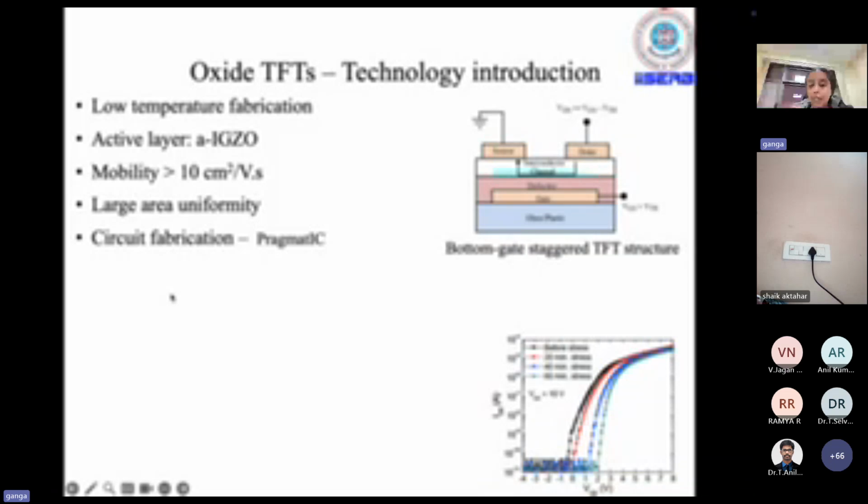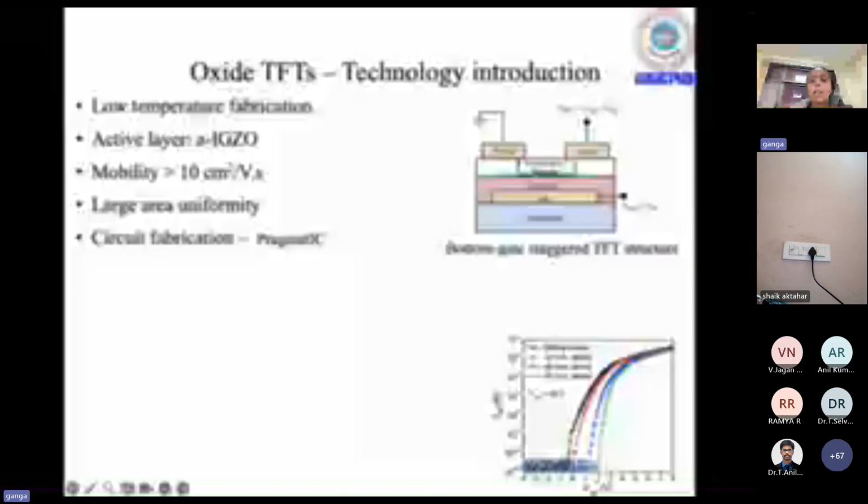And here we can see the transfer characteristics of the device as well as a cross-sectional schematic of the transistor. This is essentially a field effect transistor, meaning we can control the current flow by means of the biasing voltage. Here the blue line is showing glass or plastic. This is a substrate. And then on top of the substrate, there is a gate electrode. On top of this, there is a dielectric.